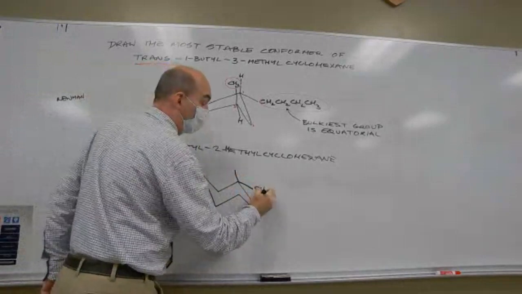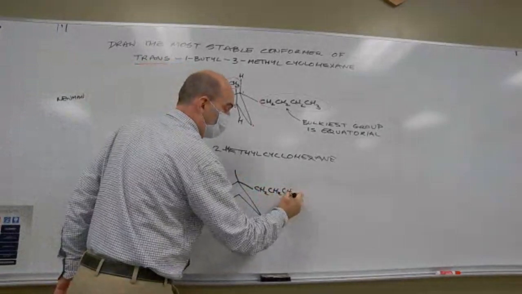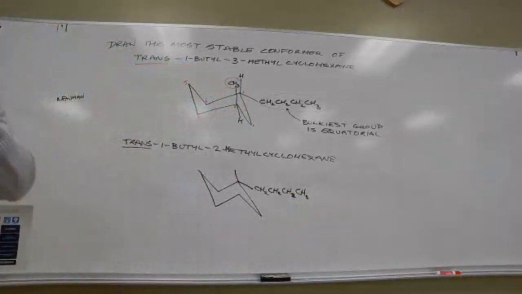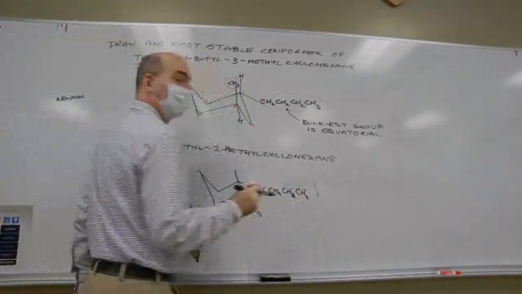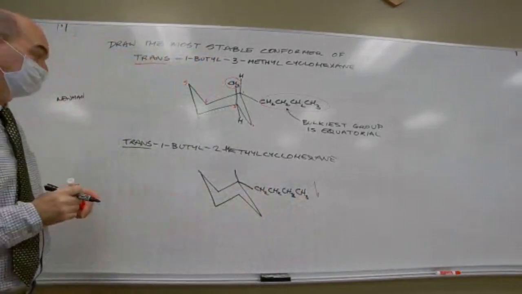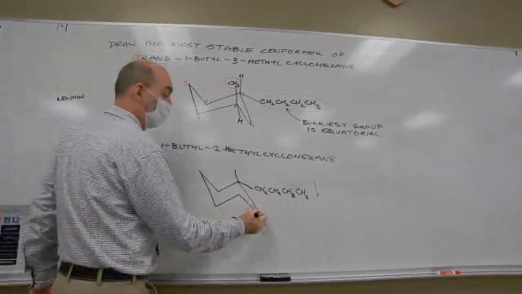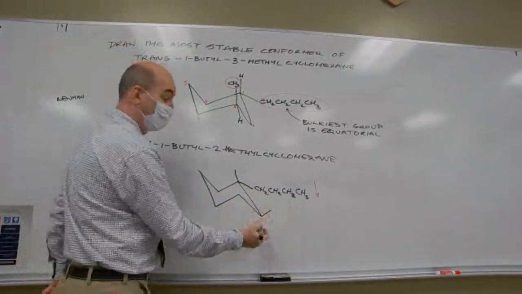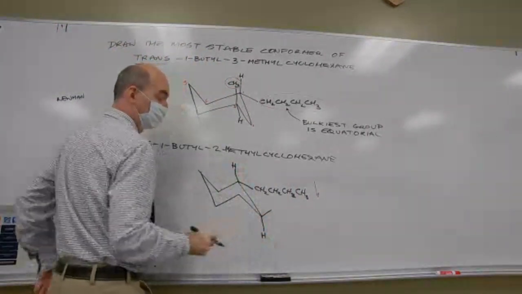So I can put my butyl here, and it be equatorial. It is pointing down. When I look at the 2, my equatorial points a little bit up, and my axial points down.